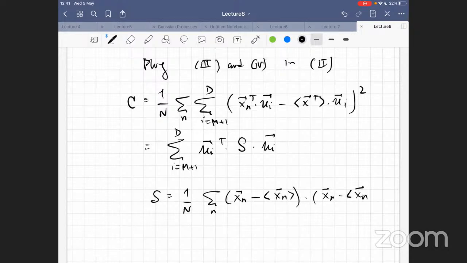That's the definition of a sample covariance matrix, if you want. So we have arrived at an interesting expression, which is telling you that the minimization problem is all about the covariance matrix of your data.